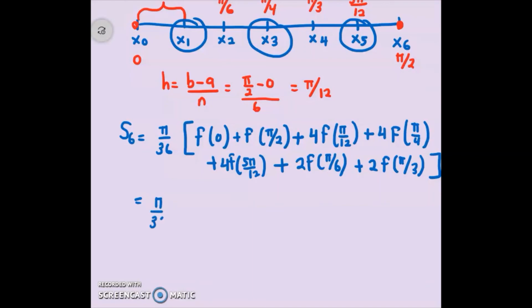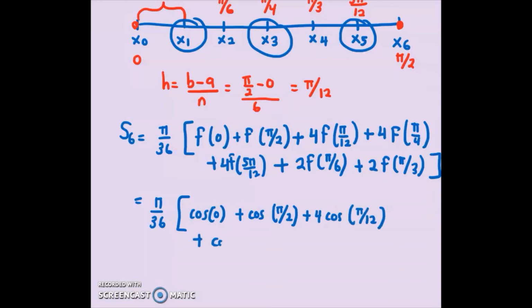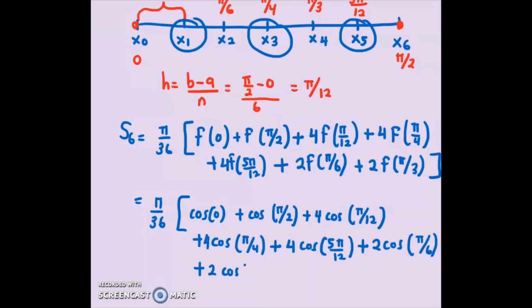We have pi over 36 times cos 0 plus cos pi over 2 plus 4 times cos pi over 12 plus 4 times cos pi over 4 plus 4 times cos 5 pi over 12 plus 2 times cos pi over 6, and lastly plus 2 times cos pi over 3.